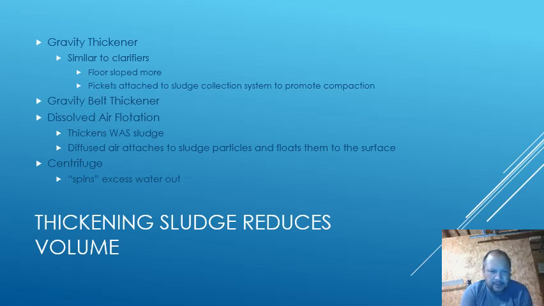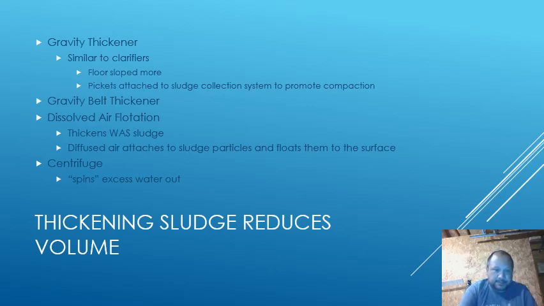And then finally, the last piece of equipment I think mentioned in the textbook is a centrifuge that basically spins at a high rate of speed and more or less spins the excess water out. I describe it as kind of similar to the spin cycle on a washing machine, using centrifugal force to kind of spin the water out of the sludge.